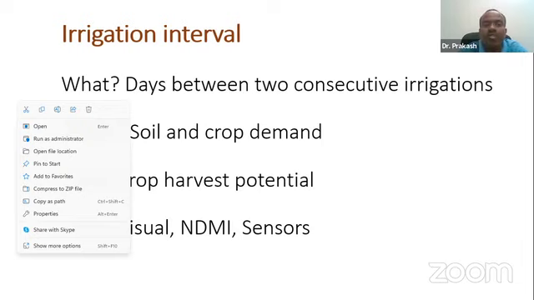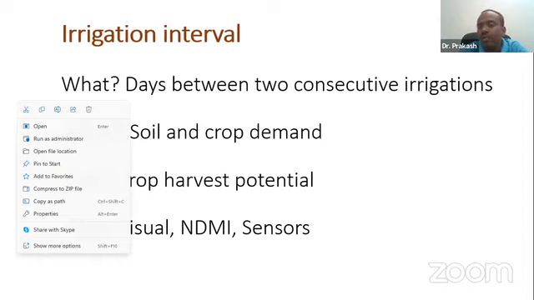That is, what is irrigation interval, why irrigation interval, what irrigation interval, and how irrigation interval can be decided. So what is the irrigation interval? It is the days between two consecutive irrigations. Then why irrigation interval?